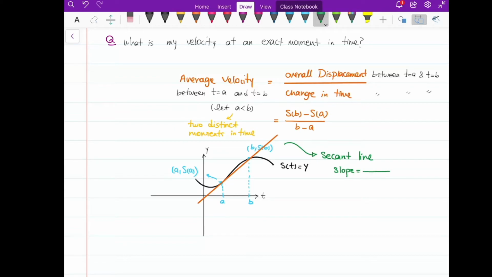So change in y would be s of b minus s of a, basically change in the y coordinates of the point, and change in the x coordinates of these 2 points would be b minus a, right? And as you see, the slope of the secant line in here would actually be the average velocity. This is the average velocity. So that's nice. To find the average velocity, all you need to do is to find the slope of the secant line if you have the graph of this.